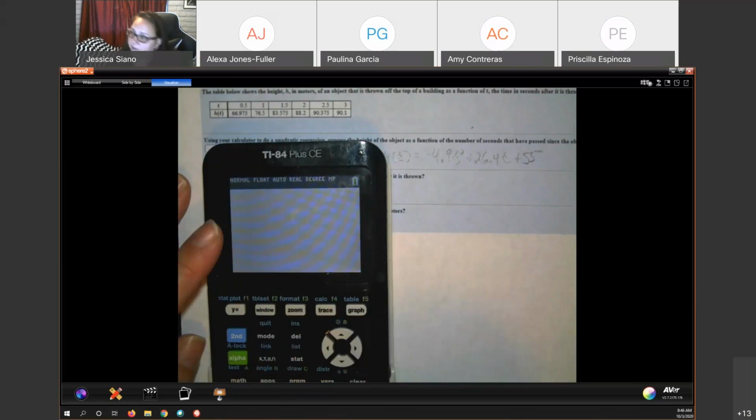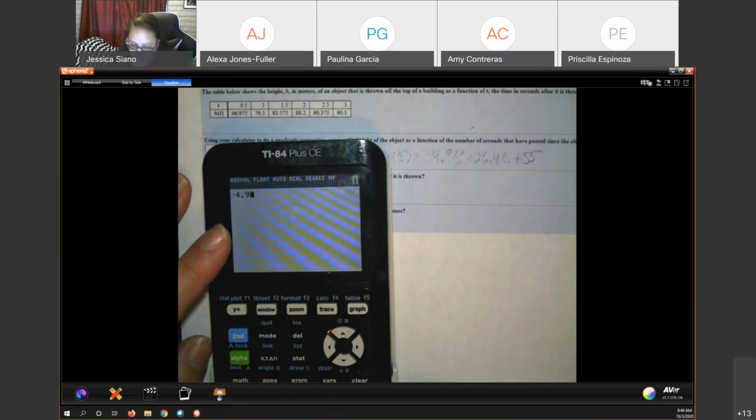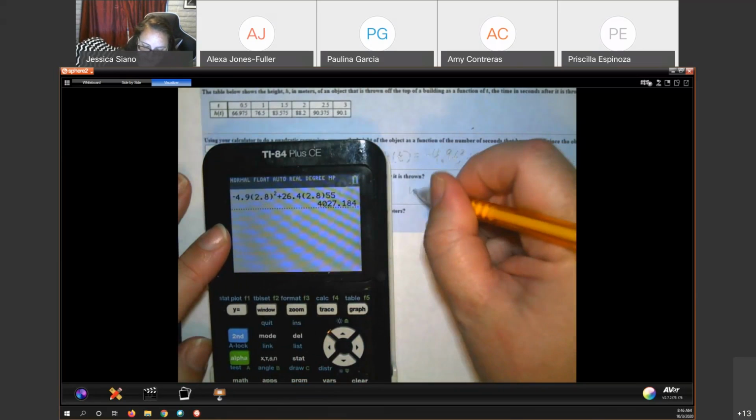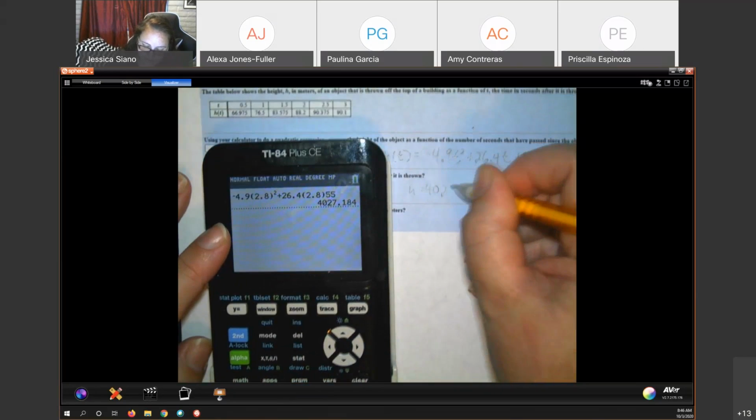Negative 4.9 times 2.8 squared plus 26.4 times 2.8 plus 55. So at time equals 2.8, your height is 4027.184.